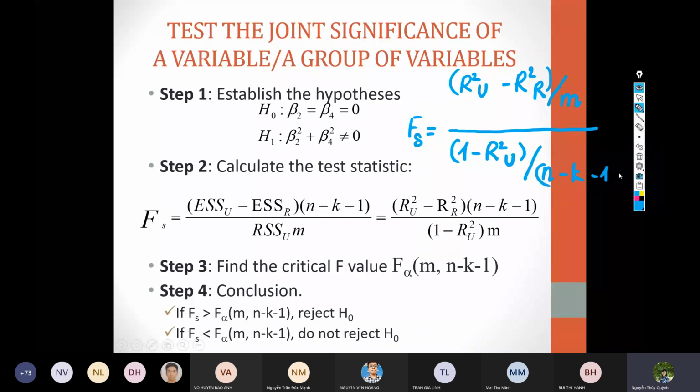Look at this: you can easily see the degrees of freedom of the numerator and the denominator.